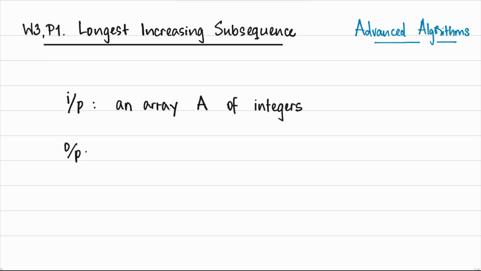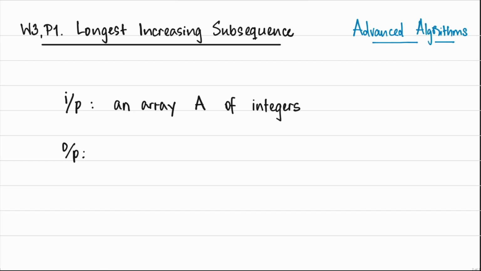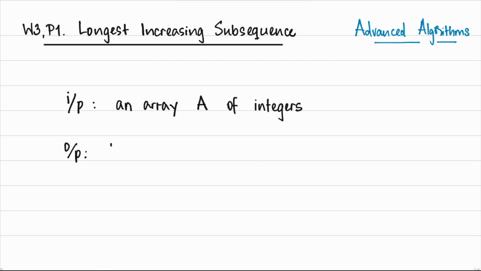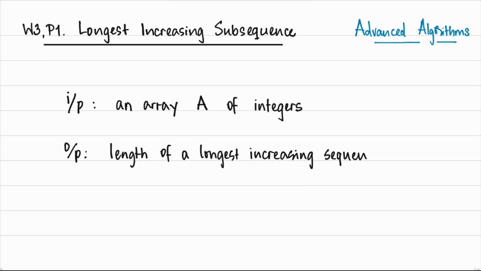And the output that is expected is, as the name suggests, has something to do with the longest increasing subsequence. Now, what we will be looking for is the length of a longest increasing subsequence. Now, this is quite a bit to write down every time, so I will abbreviate this to LIS most of the time.